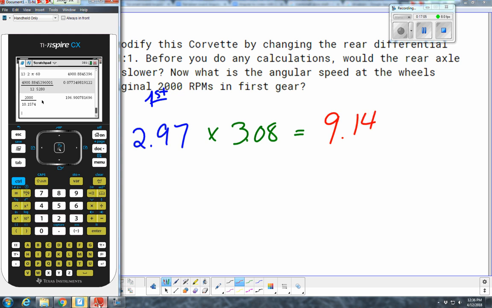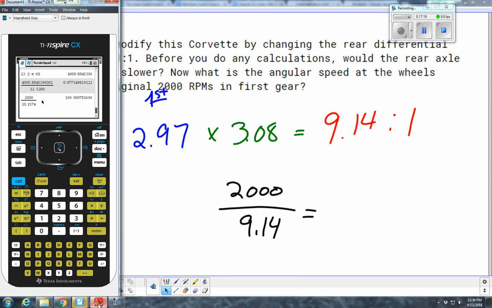So if we take 2,000 RPMs, that's our angular speed, and we divide it by this 9.14, we're dividing by a smaller number, so we should get a higher number as our revolutions per minute at this point. So 2,000 divided by 9.14, boom. 219.